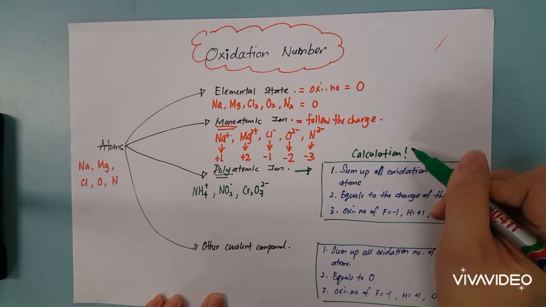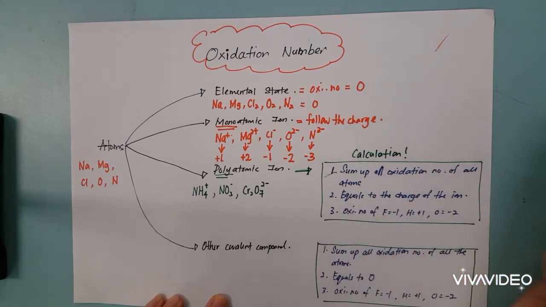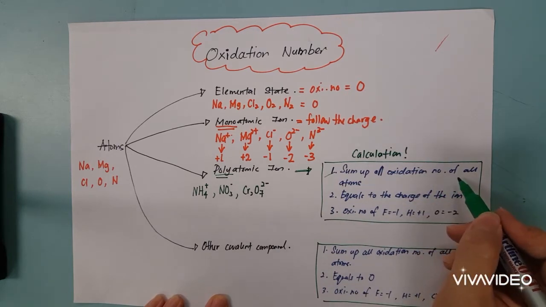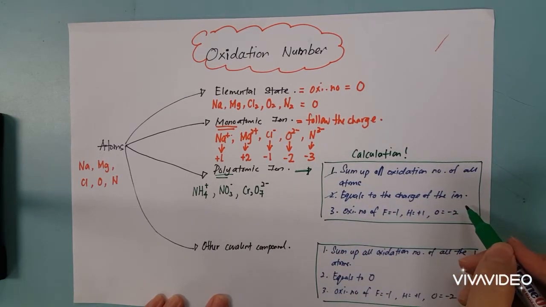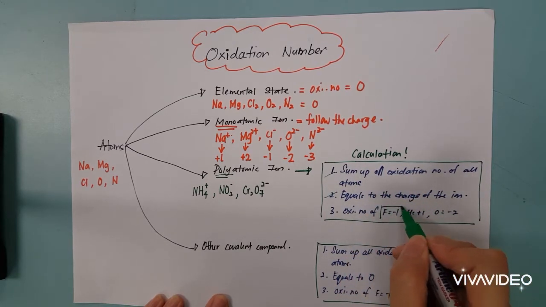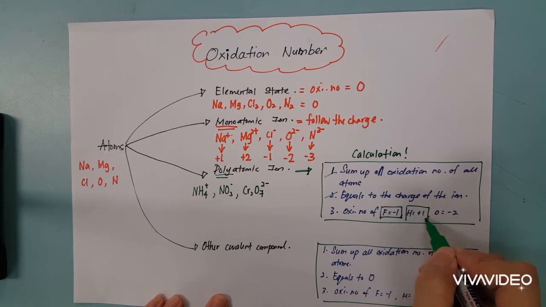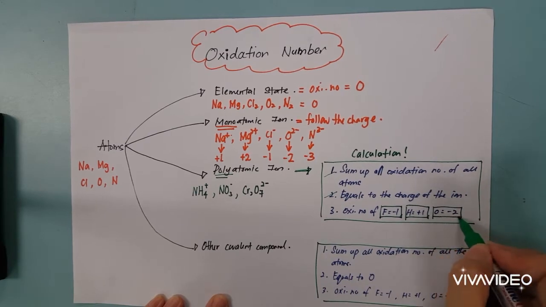According to the rule, when you do the calculation, the first thing is you sum up all the oxidation numbers of every single atom, and you equate it to the charge of that particular polyatomic ion. And bear in mind, during the summation, the oxidation numbers of these three elements are fixed. Fluorine is always -1, hydrogen is always +1, and oxygen is always -2.